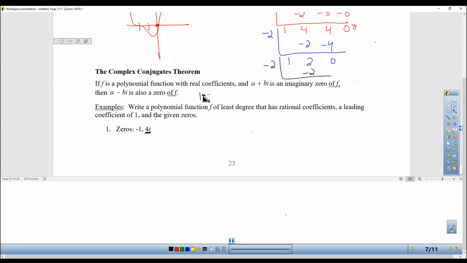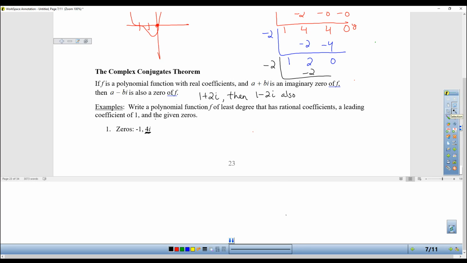So if I told you that 1 plus 2i was a root, then 1 minus 2i is also. Which makes sense. When you're doing the quadratic formula, you always get 1 plus or minus, and that i just came from a negative underneath the radical, but it still produces a plus and a minus.